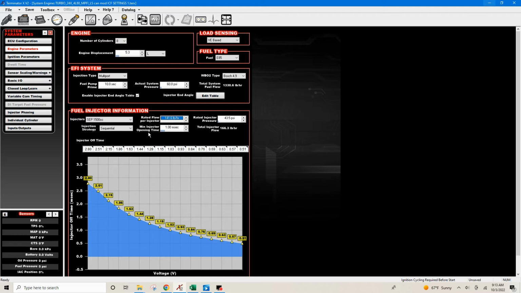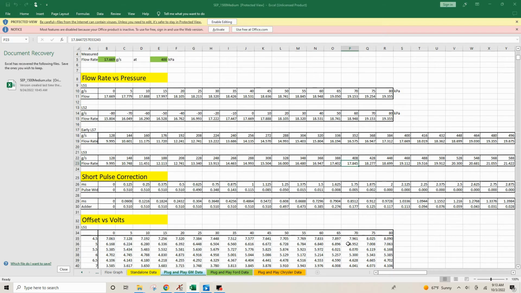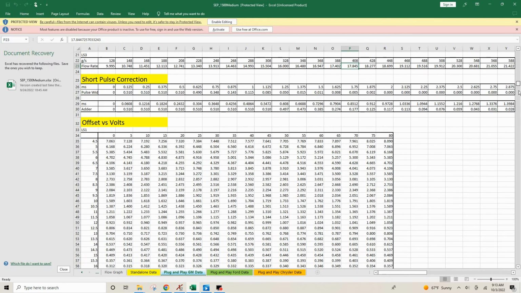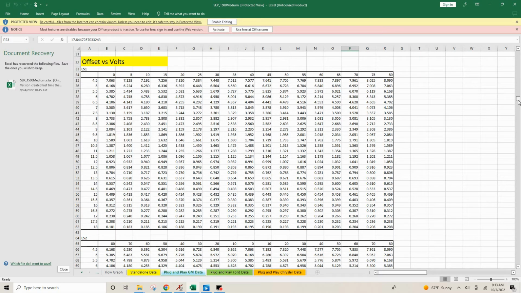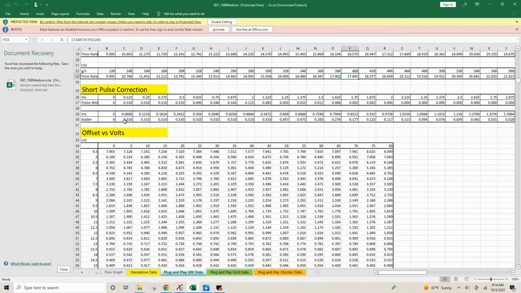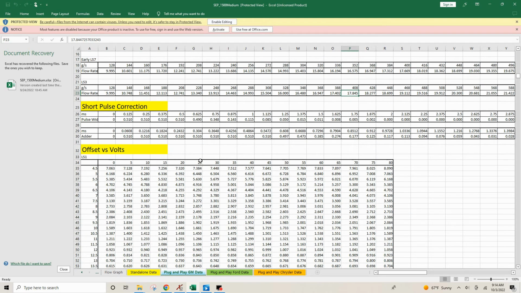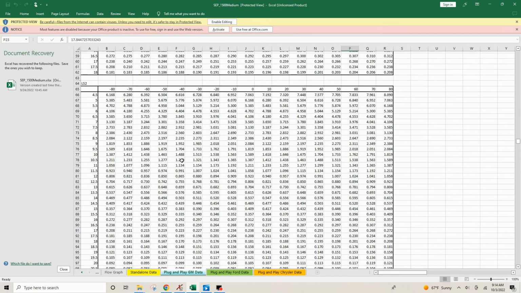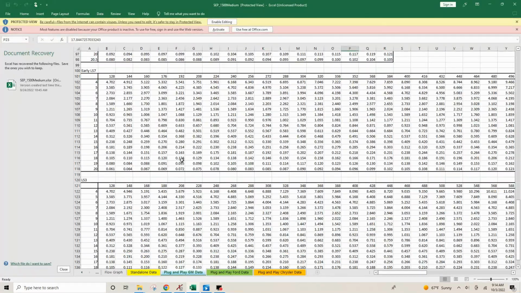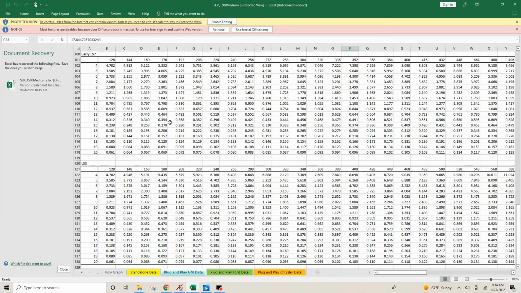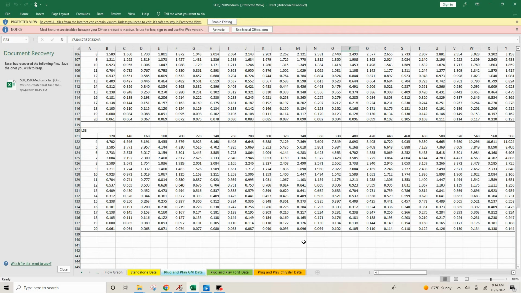So we need to find out our minimum injector opening time. We need to come back over here to our sheet, and go down to where it says offset versus voltage. And we need to find the chart that we just used, which was the LS3, so we're going to use the LS3 chart again. Here's the LS7, LS3, and we're going to look.